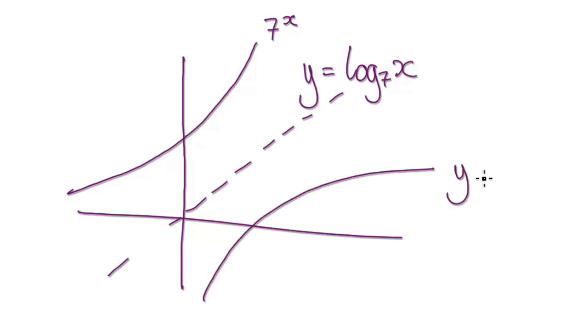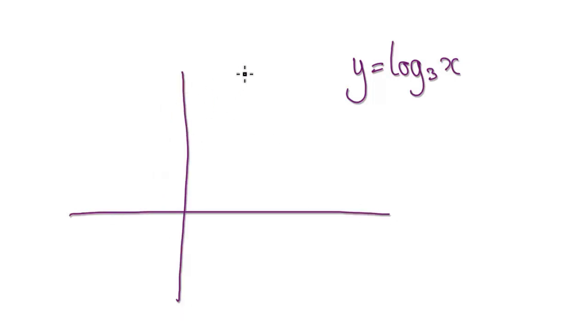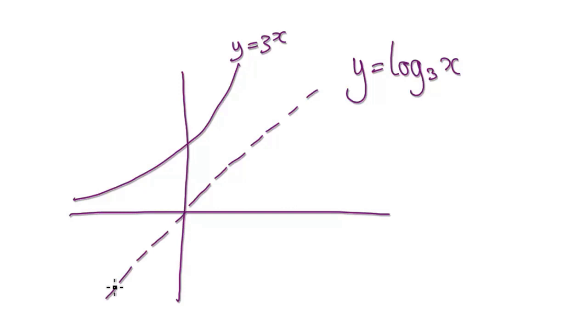So this graph here, log base 7 of x, is really a reflection of 7 to the power of x. If I were to ask you to sketch log base, let's say, 3 of x, in your mind you have to do something like this: y equals 3 to the power of x, and then reflect it along the y equals x line. When you reflect it, this will be log base 3 of x.